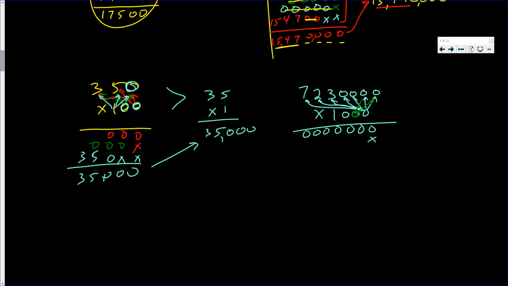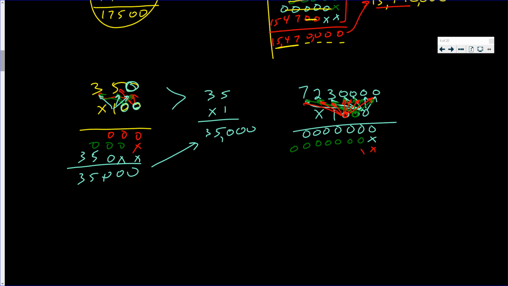0 times 1, 2, 3, 4, 5, 6, 7 numbers. If you actually bother to say 0 times 0, 0 times 0, 0 times 0, 0 times 0, 0 times 3, 0 times 2, 0 times 7. Okay, then we go to this 0. 0 times 0, 0 times 0, 0 times those 7 digits.